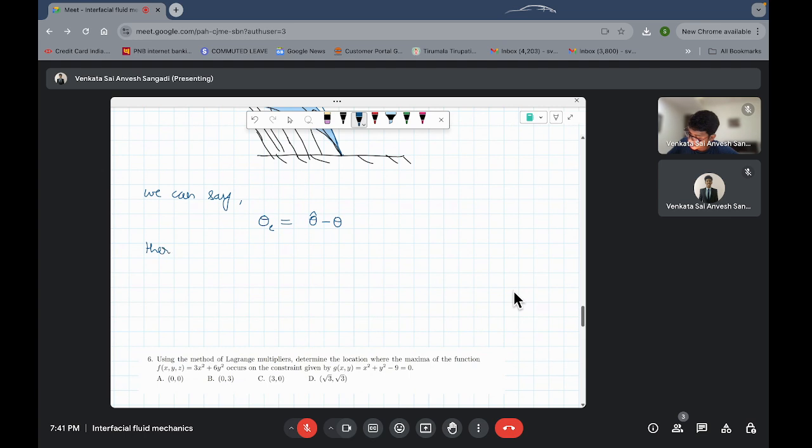Therefore, substituting theta e, we have gamma cos of theta cap minus theta is equal to gamma solid gas minus gamma solid liquid.